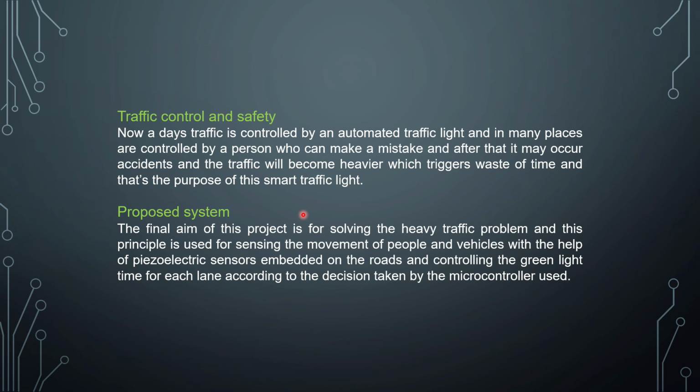So when it comes to traffic control and safety, nowadays traffic is controlled by automated traffic lights, but it's also controlled by people, right? By someone, maybe just a police officer who is giving, let's say, a pass to some other cars, for example, when the traffic is extremely heavy, right?